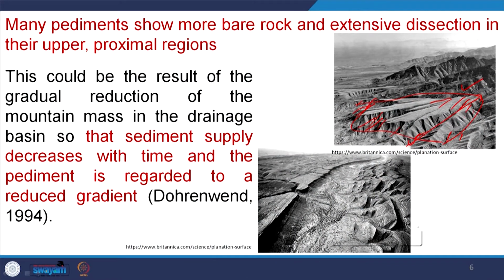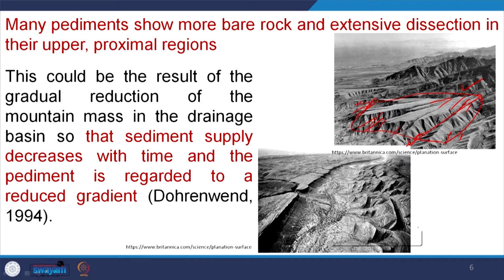Once the sediment production gradually decreases, rill action becomes more active, because nature always wants to make it plane. So, whatever this pediment surface remains, the dissection occurs due to rill activities. That means the sediment supply decreases and this pediment is regraded to a reduced gradient.